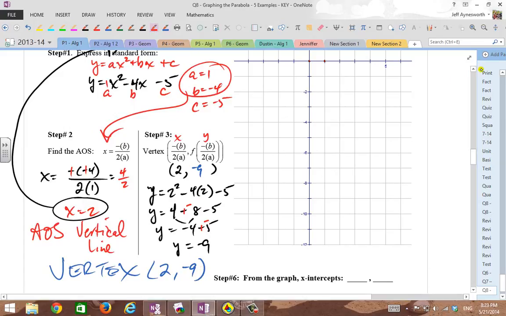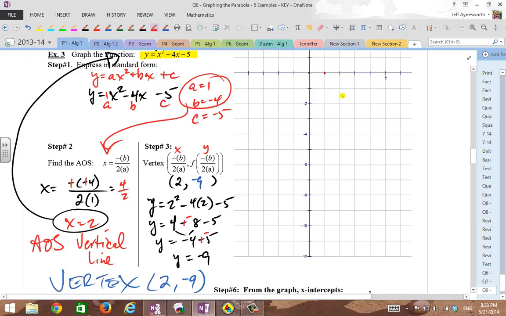So let's graph this. All right, now 2 comma -9 is right 2. I'm just labeling the x-axis here so we can see things better. All right. So right 2 and down 9. 3, 4, 5, 6, 7, 8, 9. So 2, -9. I'm going to label that 2, -9 right here.